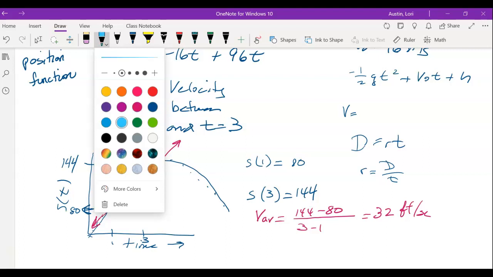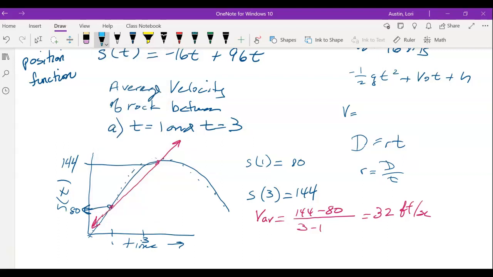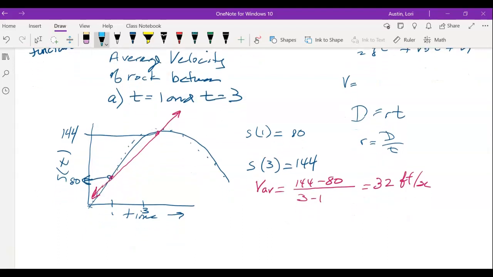I'm going to put a new tangent line in at 2. Just looking at the tangent line, it should be faster or slower? What do you think? If you're looking at that tangent line, it should be faster.